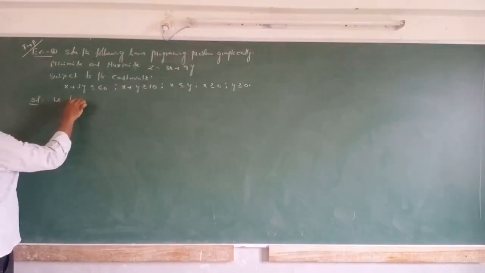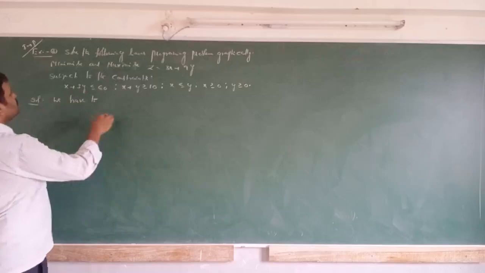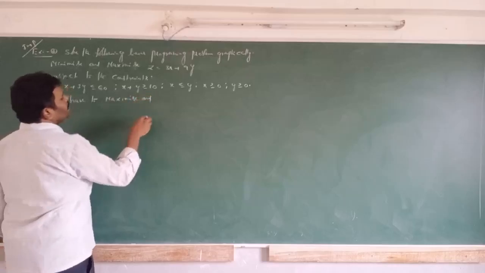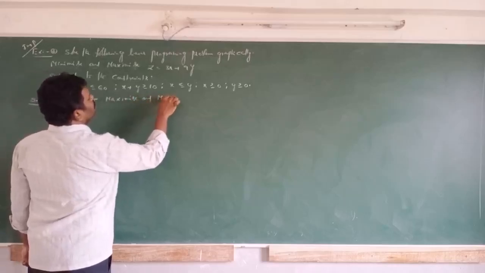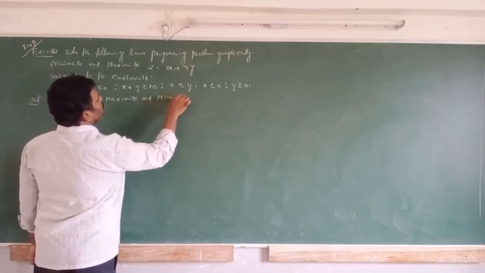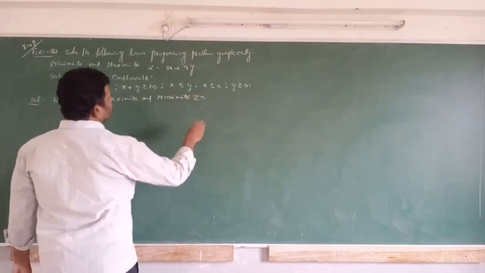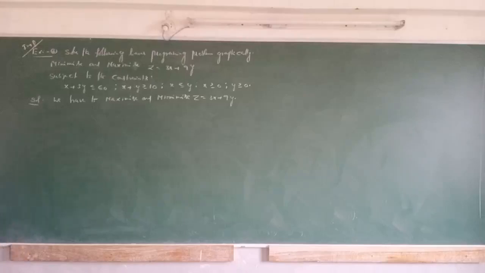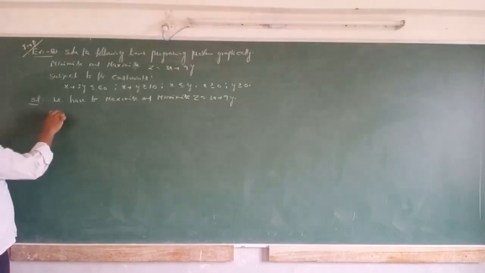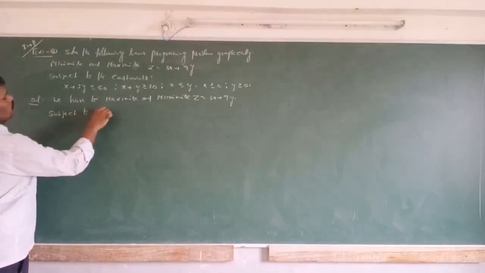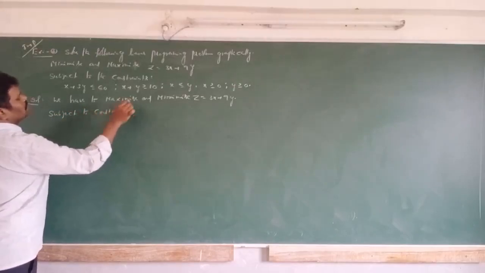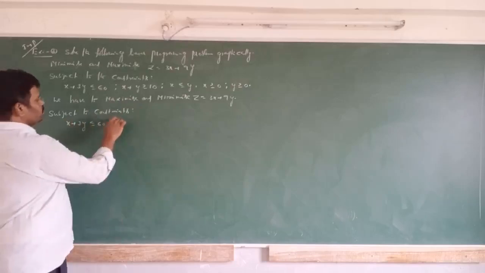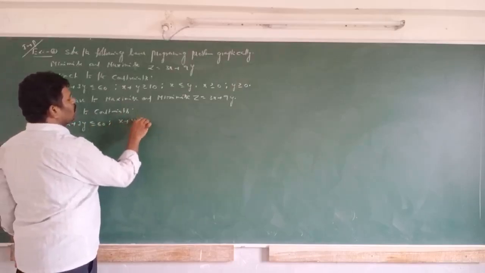First, we have to maximize and minimize z is equal to 3x plus 9y, subject to the constraints. x plus 3y is less than or equal to 60, x plus y is greater than or equal to 10.